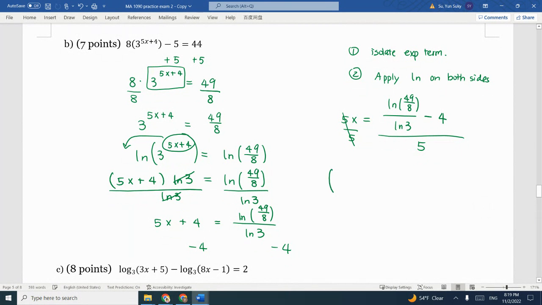You put parentheses, ln, and then 49 divided by 8, close parentheses, and then divided by ln 3, close parentheses, and then subtract 4, close parentheses. This means the whole numerator, and then divided by 5. This is how you input it in your calculator.